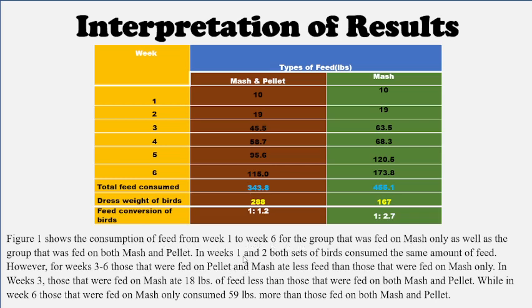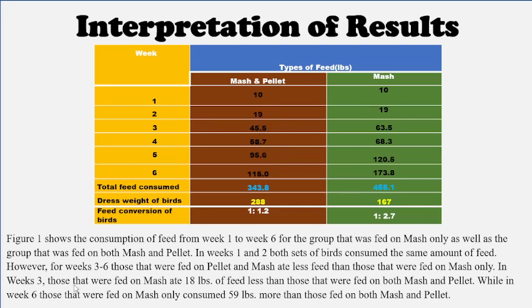Right? So in weeks 1 and 2, both sets of birds have the same amount of feed consumed because they were eating the same type of feed. However, for weeks 3 to 6, those that were fed on pellet and mash ate less feed than those that were fed on mash only. And notice the amount of feed consumed.